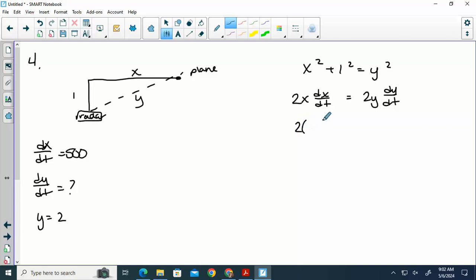Right, I don't know my x. I know dx/dt is 500. y is 2. I don't know dy/dt. So right now I still have too many variables. dy/dt is what I'm trying to find, but I have to know my x. So how am I going to get that?